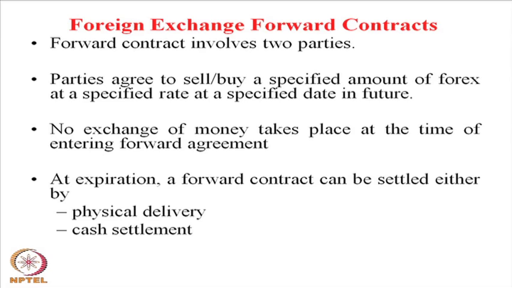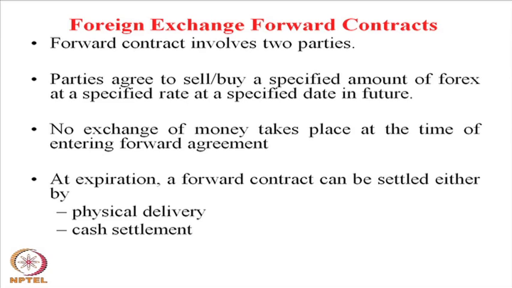The exporter brings 10 million after 1 month. The amount, 10 million, is fixed, the future date of arrival of the foreign currency is also fixed, and the rate the authorized dealer will give to the exporter is also fixed. So, 3 things are fixed here, and they sign an agreement for these 3 things.